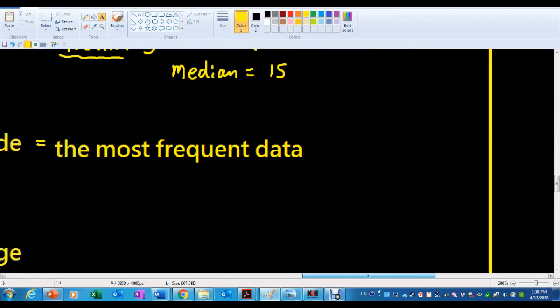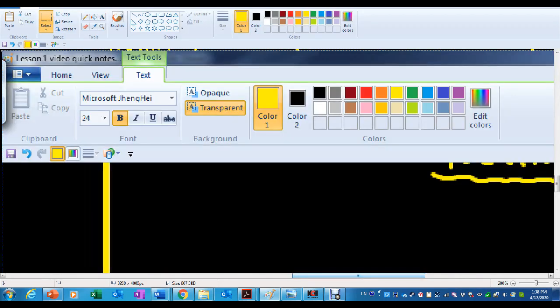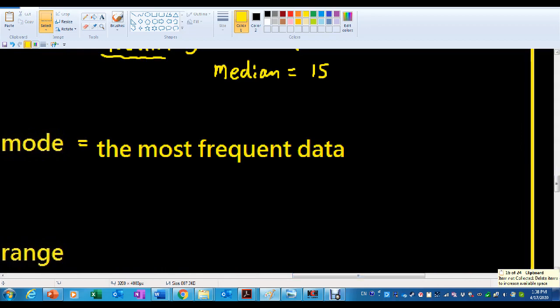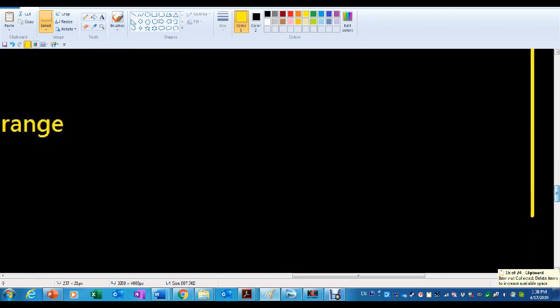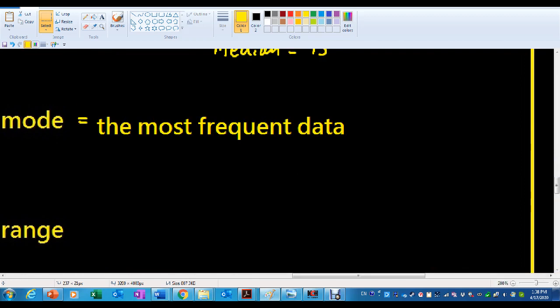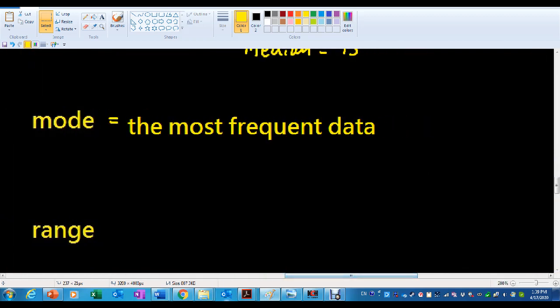Let's try to see the data again here, just for reference. Which one's the most frequent data?